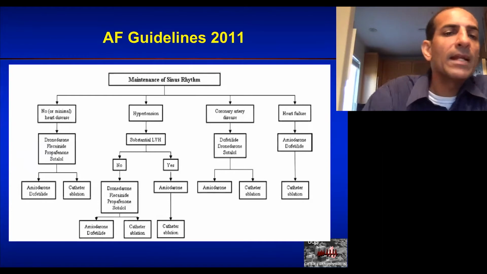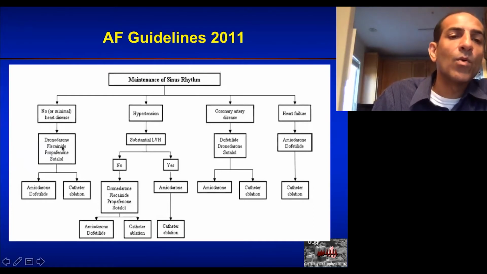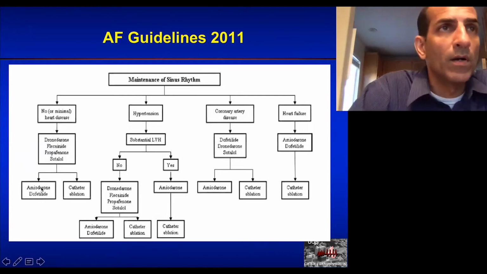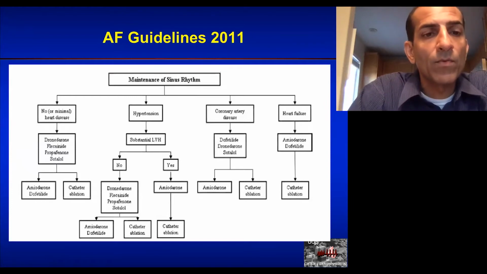And then if they fail any of these drugs, then you can go into one of the other ones, or you can go to second-line therapy, which would be using drugs like amiodarone, dofetilide. Now, amiodarone is a drug which is available throughout the world. Any part of the world, I'm sure at your institution, you should also have amiodarone available.